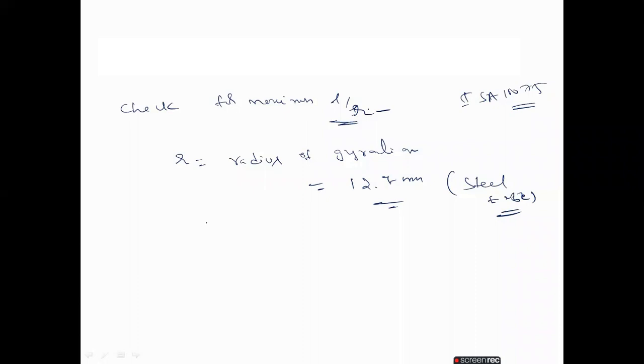So L by r equals L, which is 3000, divided by r, 12.7. We got 236, which is less than 350.